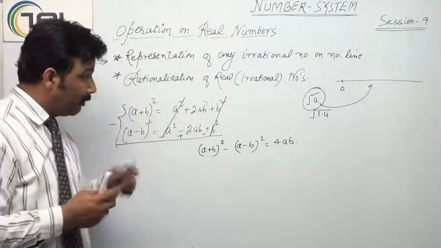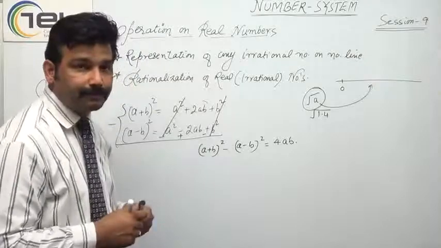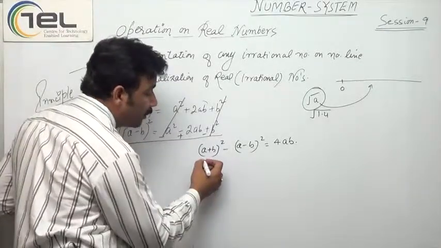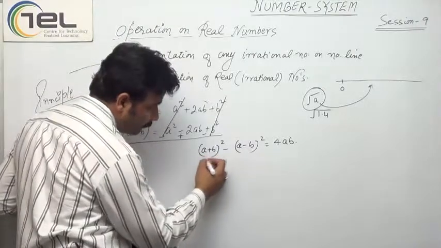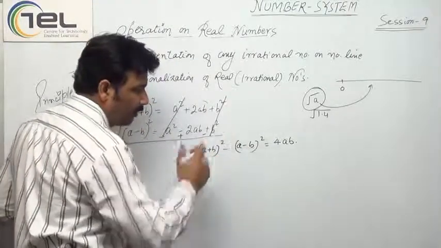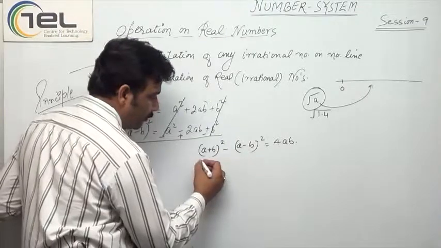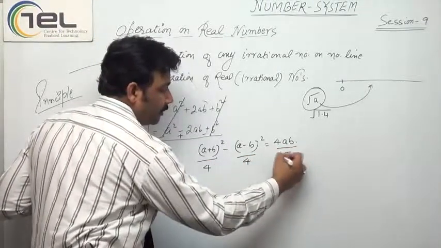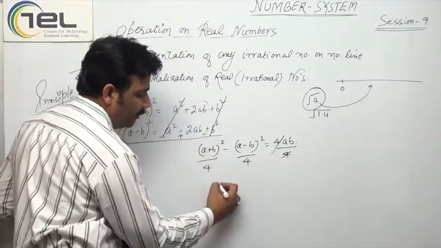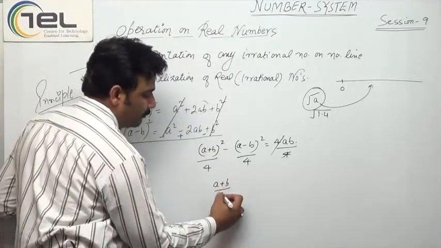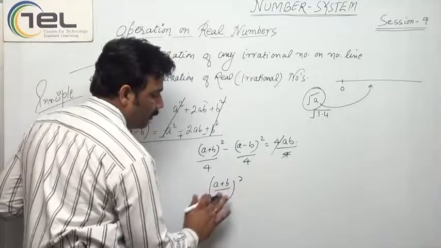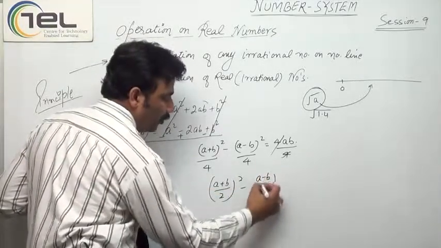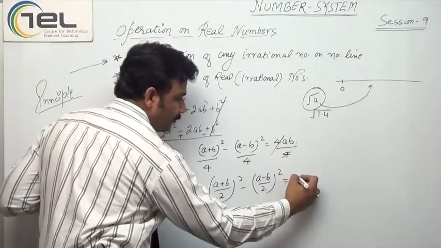So what should I do? I will divide this whole equation by 4, to eliminate this. The 4 will cancel. Now it becomes (a plus b) upon 2 whole square minus (a minus b) by 2 whole square, and it will become ab.